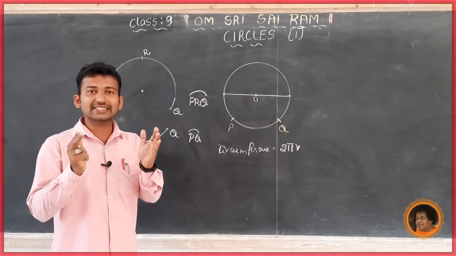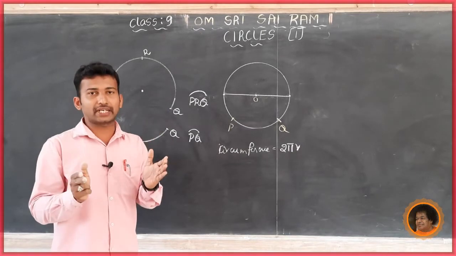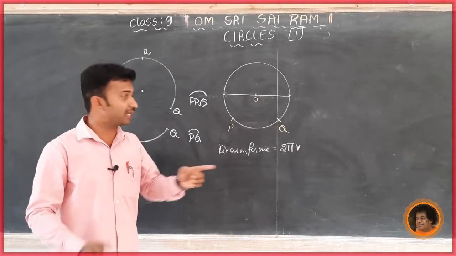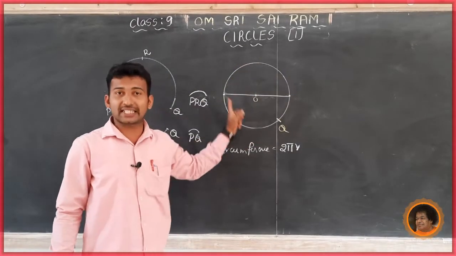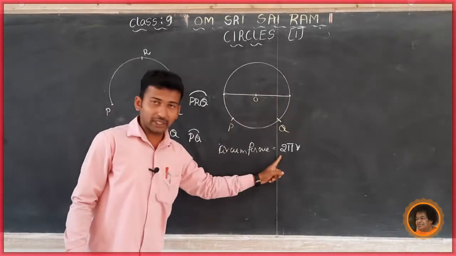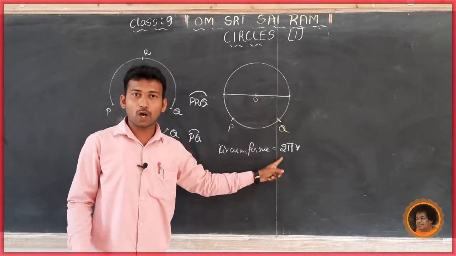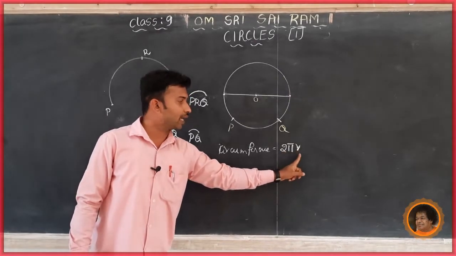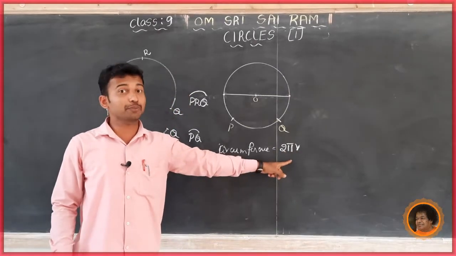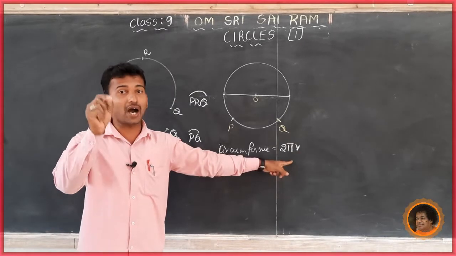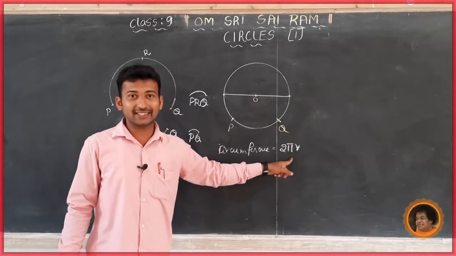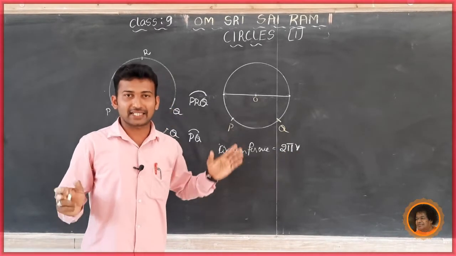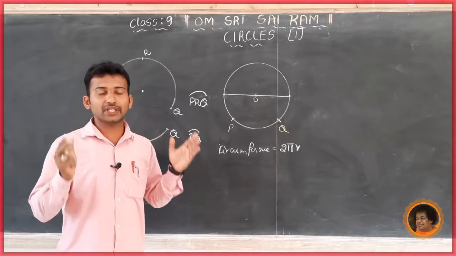The length of the circle is nothing but the circumference of the circle. If you substitute the value of r in this formula, we get the circumference or length of the circle.